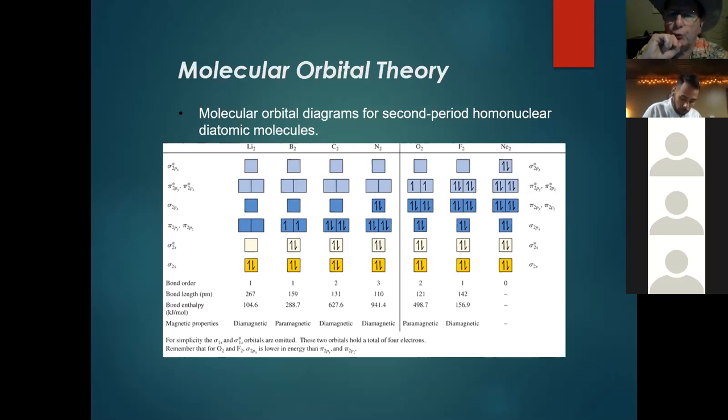That leaves me with 12 left. So if I'm filling oxygen the same order that nitrogen gets filled in, this would be 2, 4, 6, 8, 10.